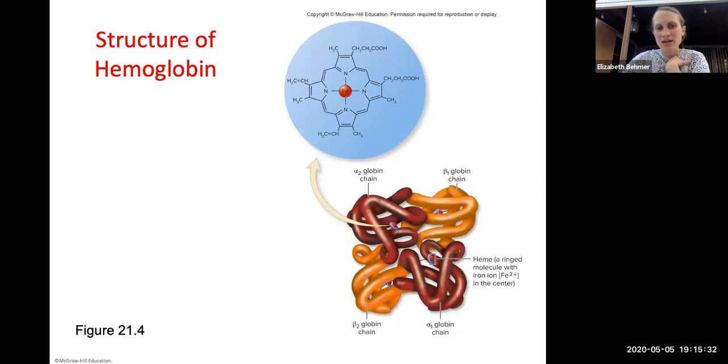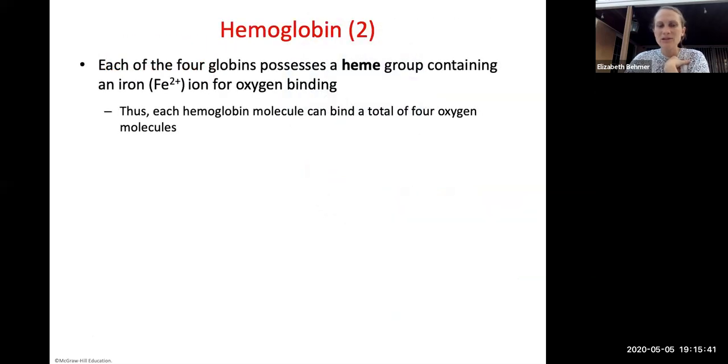So every hemoglobin molecule can hold 4 oxygens and carry that oxygen. Each of the 4 globin chains possesses a heme group, which contains an iron right in the center of it for oxygen binding. So thus every hemoglobin molecule can bind a total of 4 oxygen molecules.